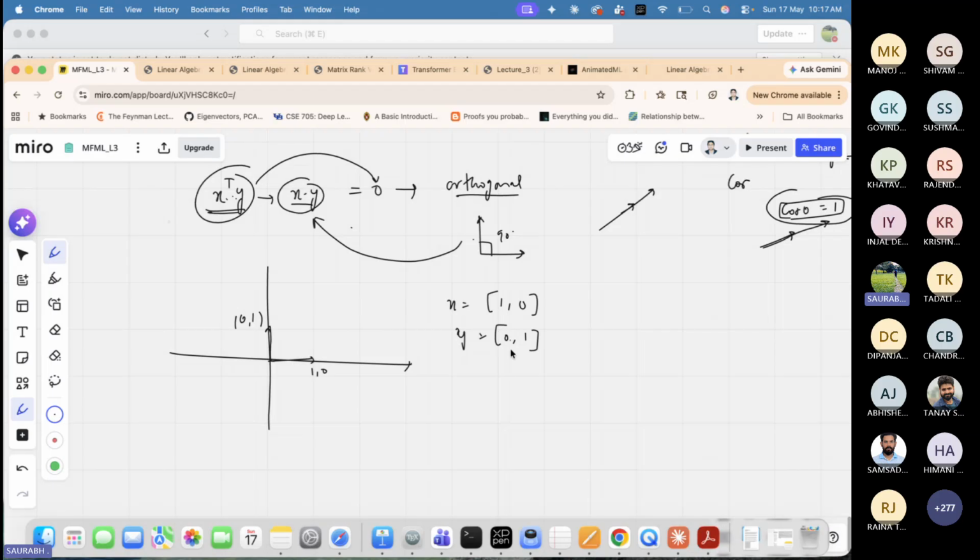The dot product would be 1 into 0 plus 0 into 1. It is 0, right? The dot product is 0. And that's what I said. When you have two vectors which are perpendicular to each other, they are orthogonal, and the dot product would always be 0, right? So this is the idea that I wanted to give to all of you in this lecture.